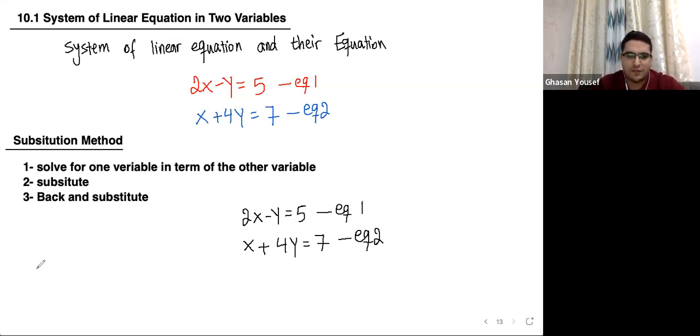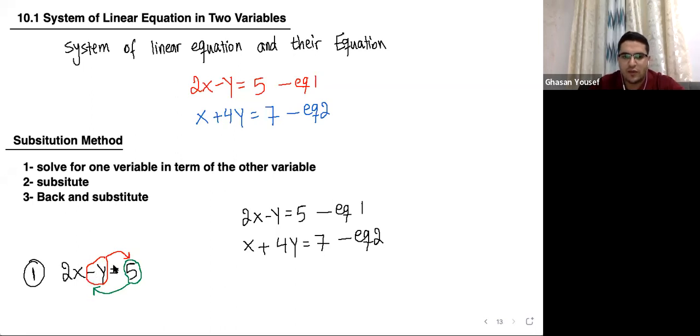So for step number 1, my equation 1 is 2x minus y equal 5. Aisha said y equal minus 5 plus 2x. This is correct. Here, I will move this y to this side, and at the same time, I will move the 5 to this side.